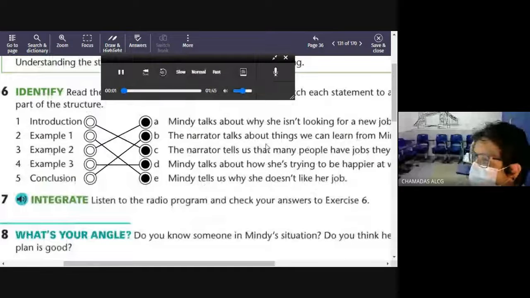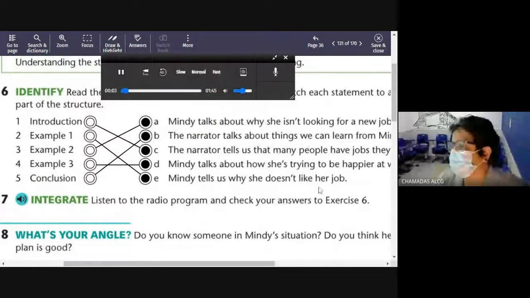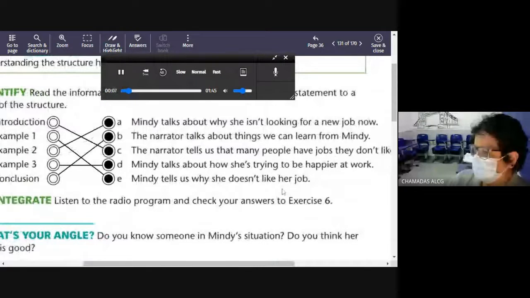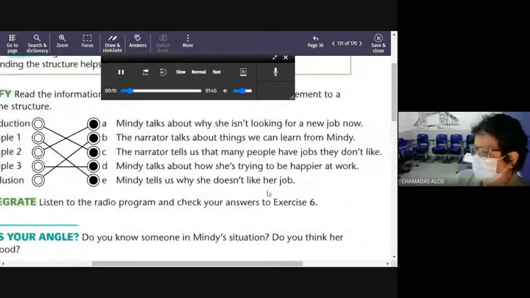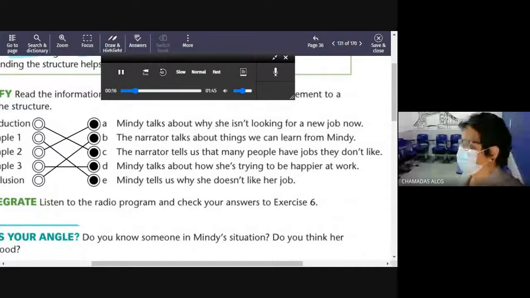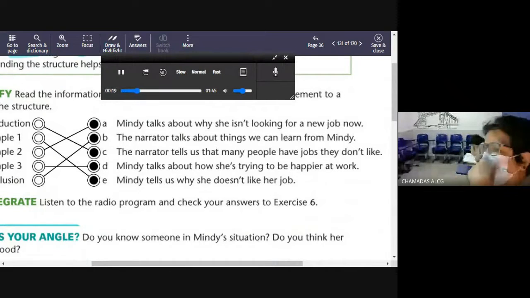Is your job making you happy? A lot of people today are working in jobs they hate. Mindy Cruz is one of them. I work for a large company at an office in the city. I hate being inside all day, sitting at a desk, and my job is very boring. I don't feel like I'm doing anything important or interesting.